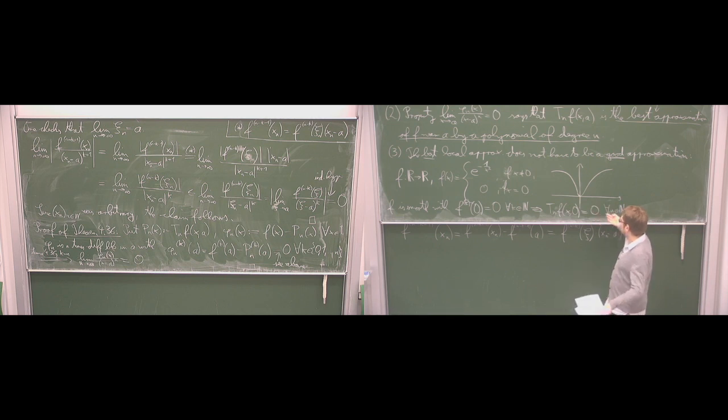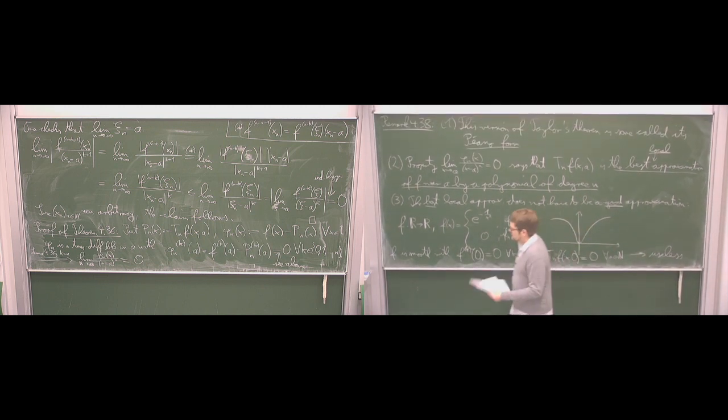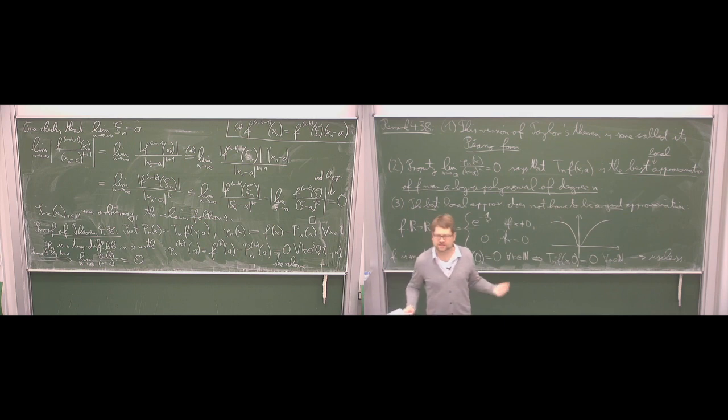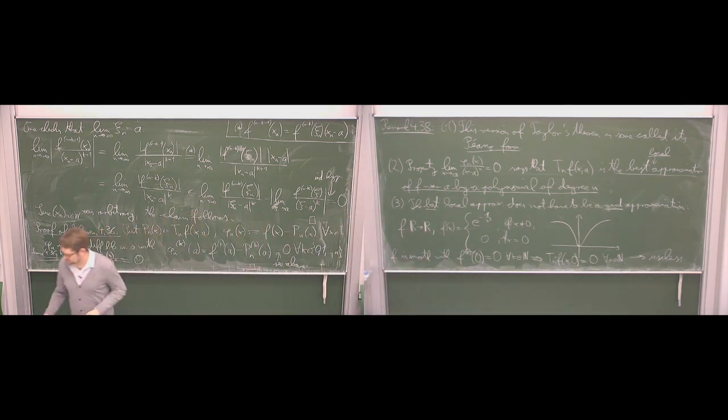The Taylor polynomials all vanish, and they tell us nothing about the behavior of the function, because they are just trivial. That's the problem with Taylor polynomials. In theory, you can approximate functions by Taylor polynomials, but you might have a function which just doesn't do the trick.